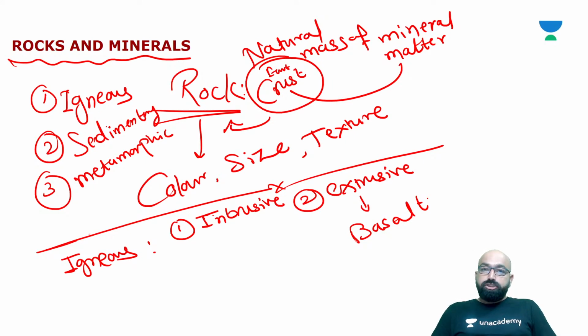Sometimes the molten magma cools down deep inside the earth's crust. Solid rocks so formed are called intrusive igneous rocks. Since they cool down slowly, they form large grains.